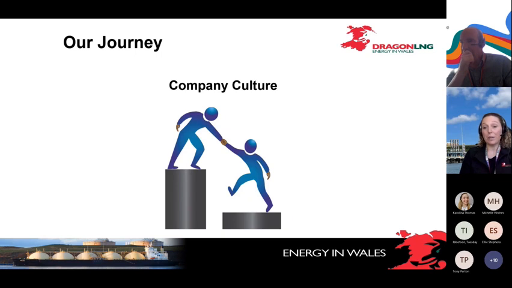It'll enable us to manage performance based on not only what we deliver, but how we do it, and enable us to attract and recruit people who fit our culture and be very open about what our culture looks like at Dragon. It'll allow us to set expectations of others when they first step onto our site.